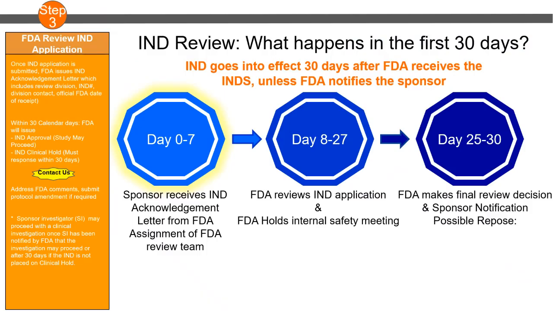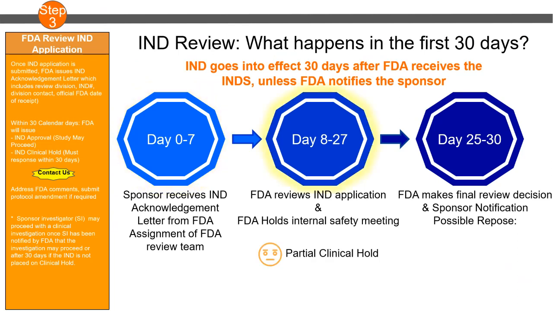Thus, after submission, next step includes FDA review of the IND application. So what happens in the first 30 days? Once IND application is submitted, FDA issues IND acknowledgement letter, which includes the review division, IND number, division contact, official FDA date of receipt.